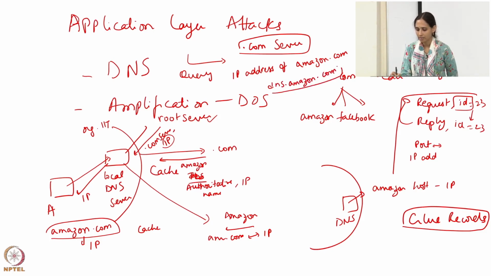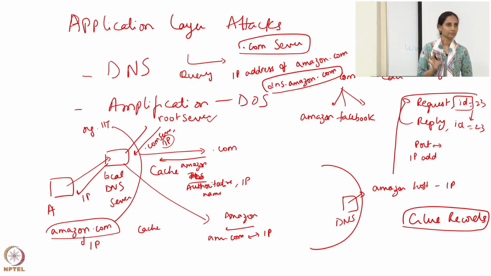It could stop there because that is a valid reply. Then in order to contact dns.amazon.com, you again need its IP address.